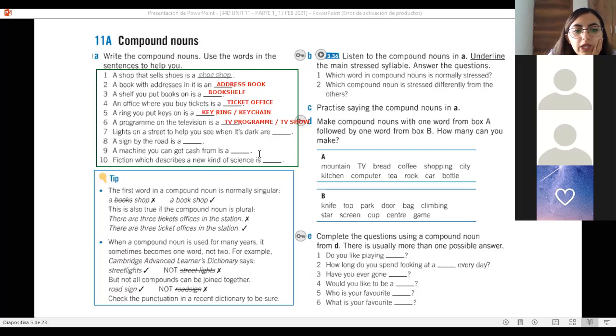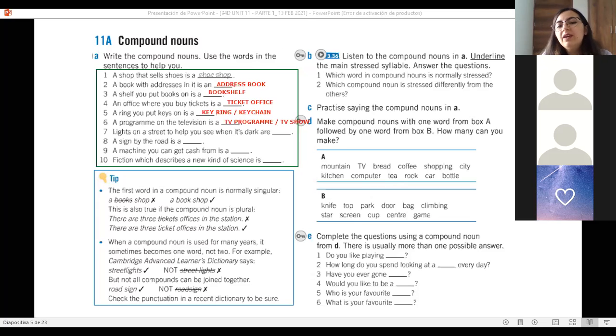Lights on a street to help you see when it's dark. What are they? Lights on the street to help you see when it's dark. Son conocidas como las, ¿cómo se llaman aquí? Los postes de luz. Lamppost, me dice Madeline.